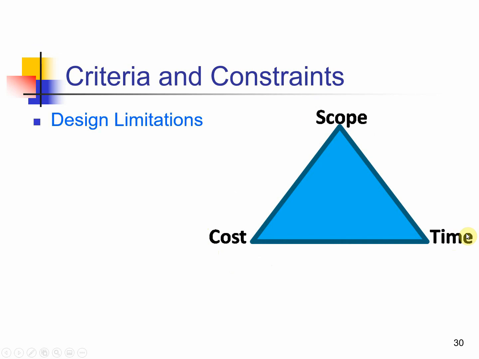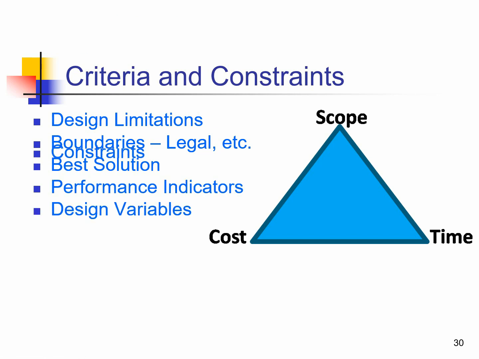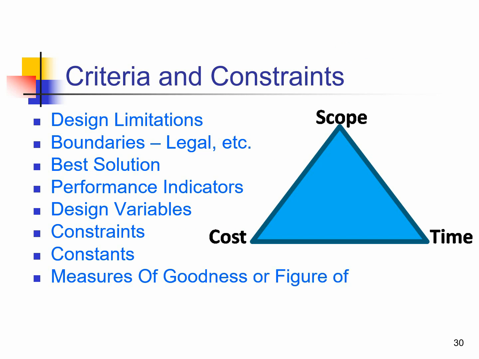You know? Okay, design limitations. Are there legal type things going on? What's the best solution? Performance indicators, design variables. So horsepower, performance indicator.